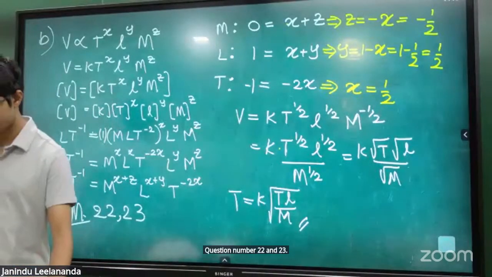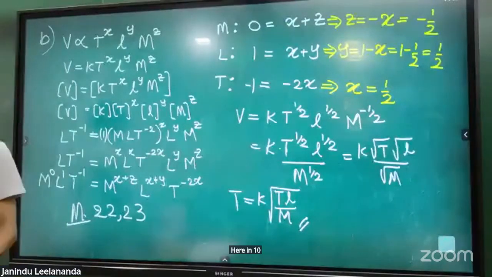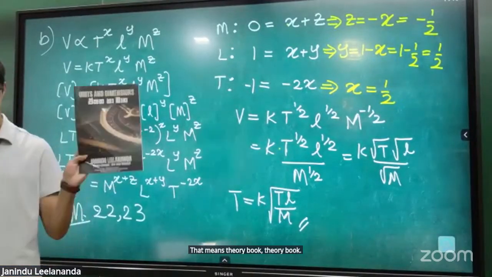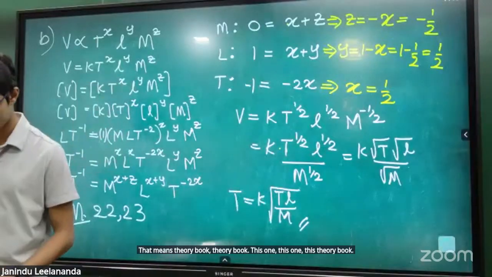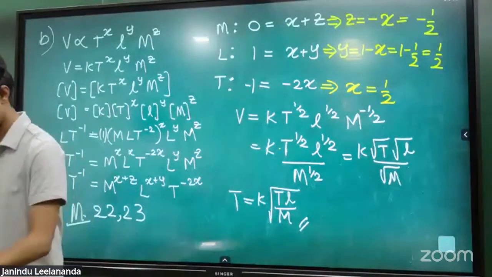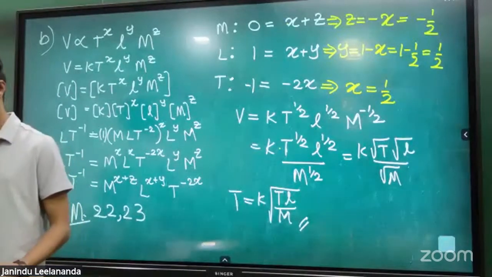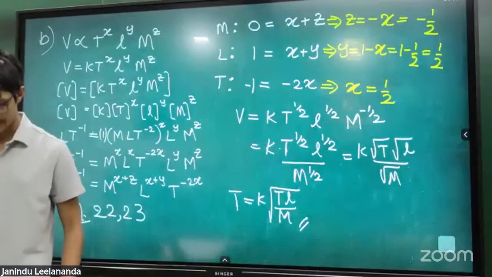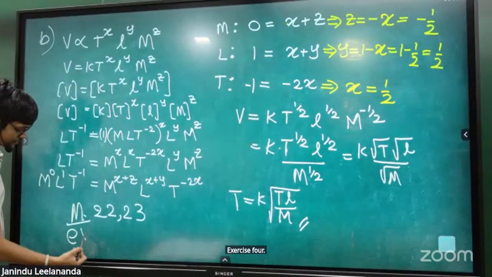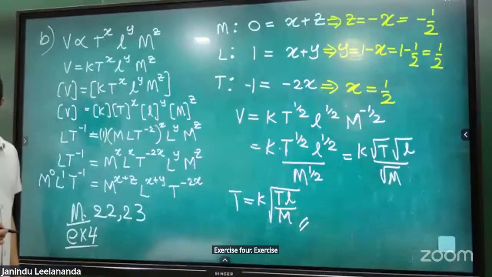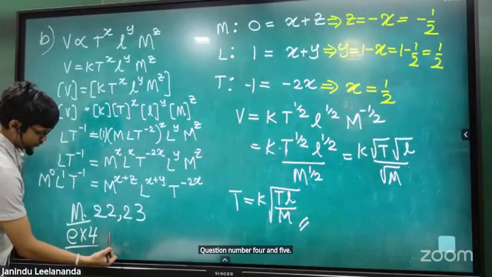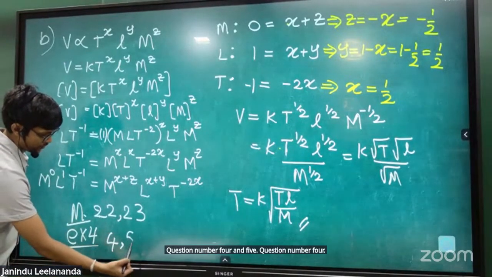Then theory tute, units and dimensions: that means the theory book, this theory book. Exercise 4, question number 4 and 5.